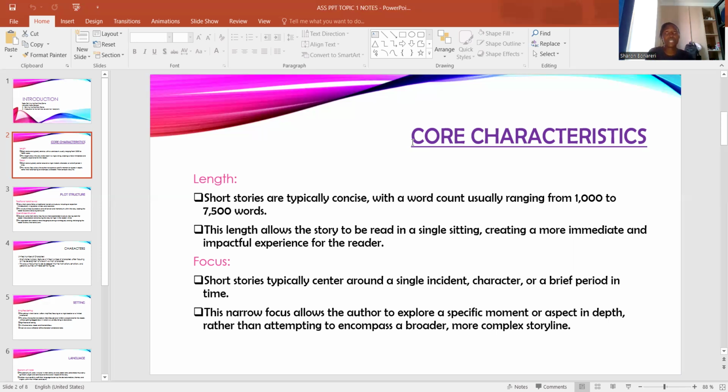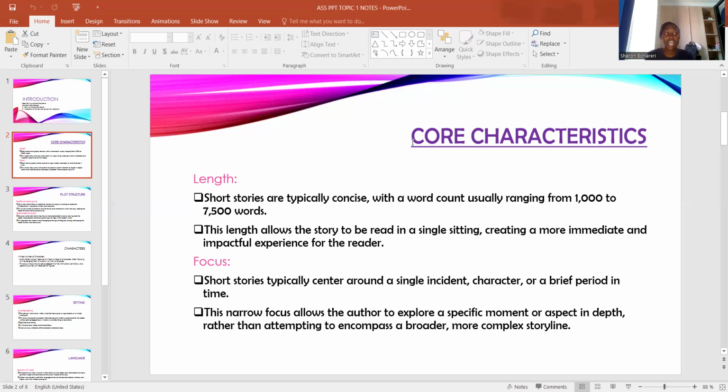And the focus. When writing a short story, you should be typically centered around a single incident. You should not introduce us to a lot of incidents. That means your themes should be minimized.